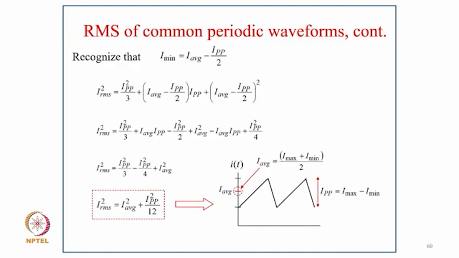Recognize that I minimum equals I average minus IPP by 2. So I RMS square equals IPP square by 3 plus (I average minus IPP by 2) into IPP plus (I average minus IPP by 2) square.